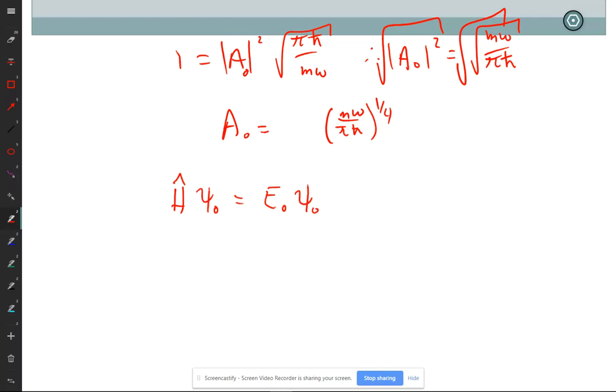Well, bra-ket notation is a way of designating Dirac notation. And I'm going to introduce Dirac notation here. It's going to come later in the textbook. It is introduced in the textbook. But I'm going to introduce it here because it's a convenient way of writing things. So, have you guys ever heard of Dirac notation or bras and kets?